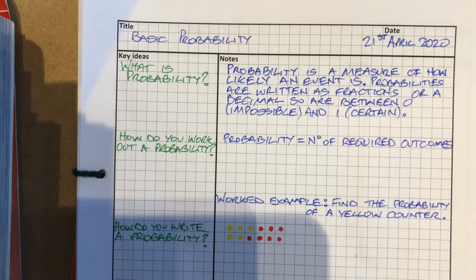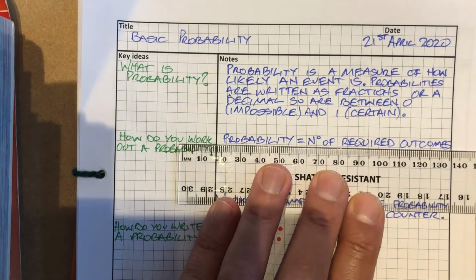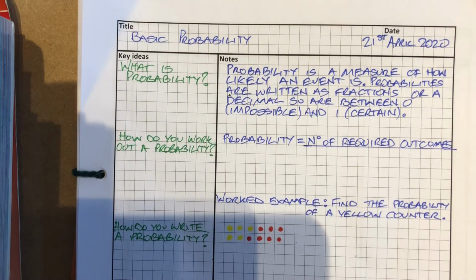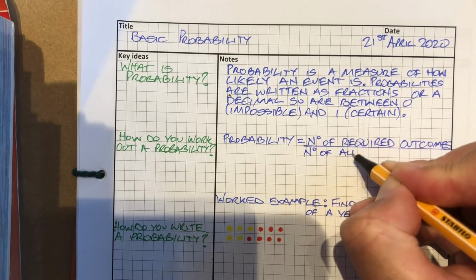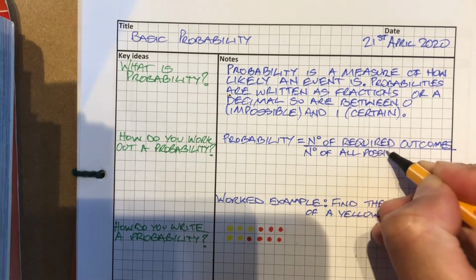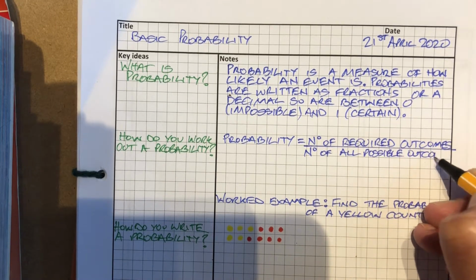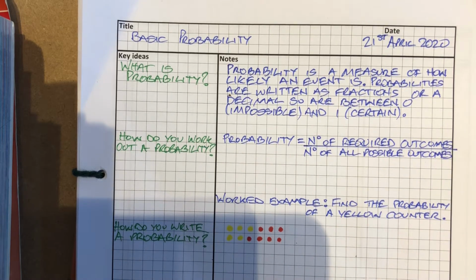I'll go into that in a little bit more detail when I do the example. The denominator, the bottom of the fraction, is the total number of all possible outcomes. So you count everything you might get, whether you want it or not.